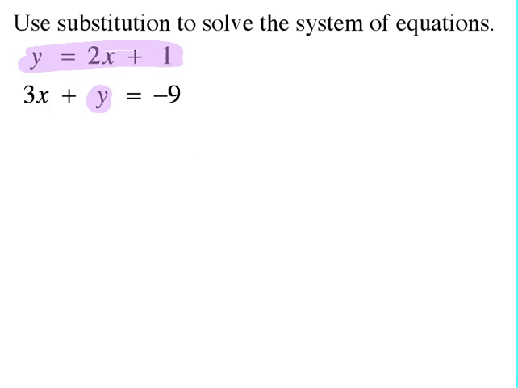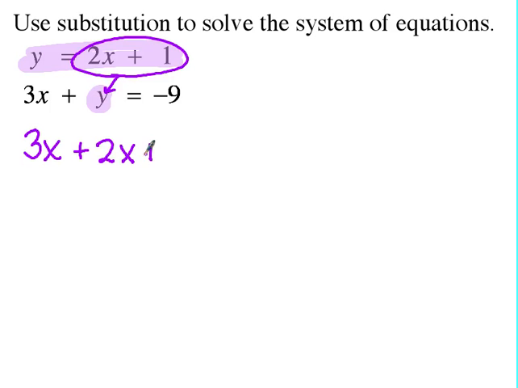So what I'm doing is I've got my 3x, and then in place of y, I know that y up here equals 2x plus 1. So I'm going to replace y with 2x plus 1. And then the rest of the equation is equals -9. Now I just need to solve that for x.